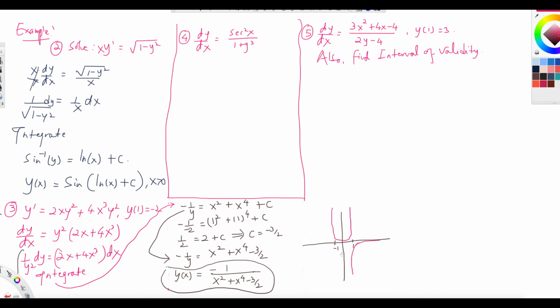At negative 1 it is negative 2, right, because that is the initial condition there. And then I also have a similar graph here.